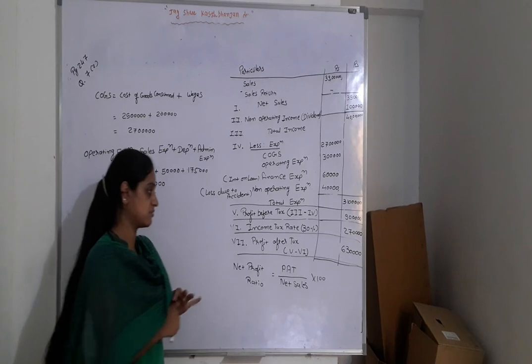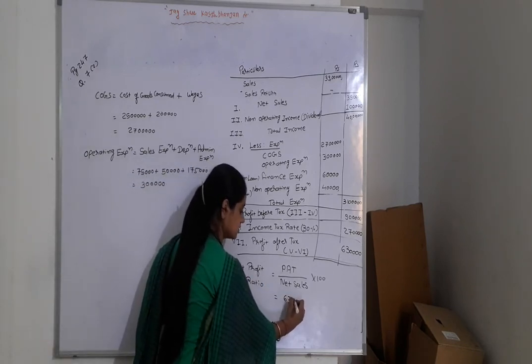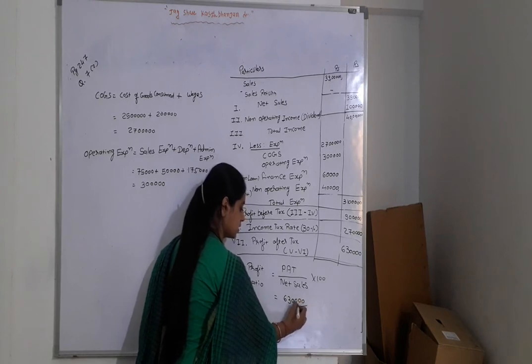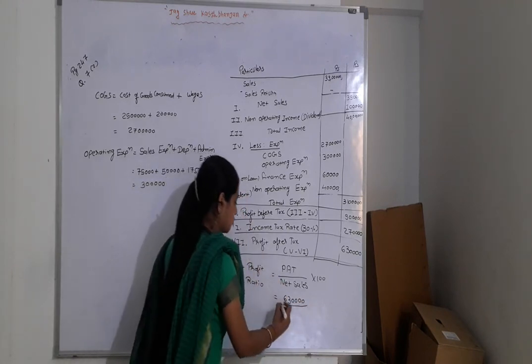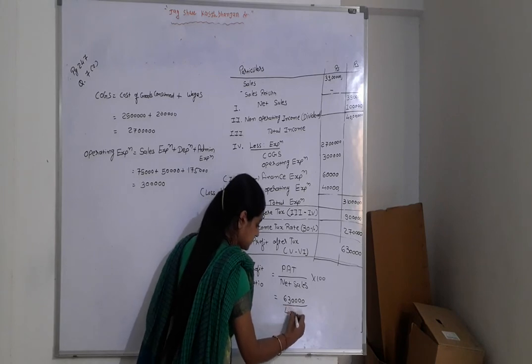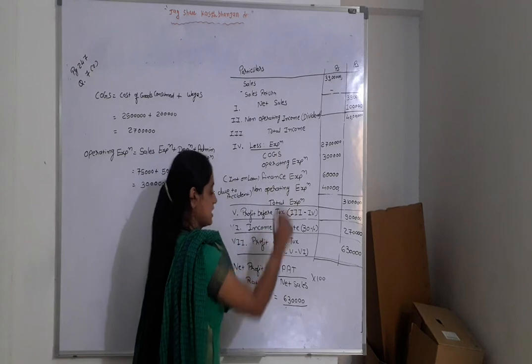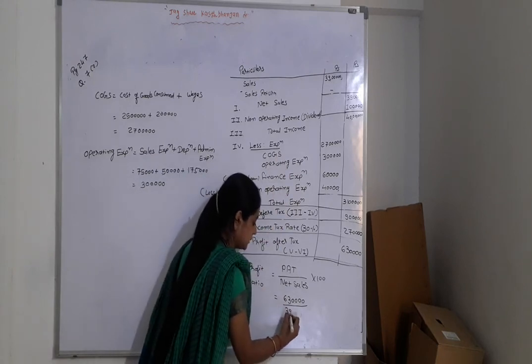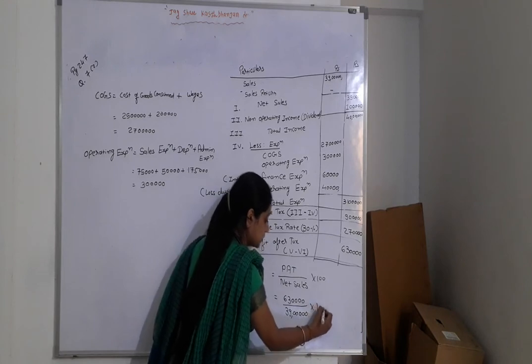So our profit after tax is 6 lakh 30,000 divided by our total income, that is 40 lakh. Sorry, not total income, net sales, that is 39 lakh into 100.